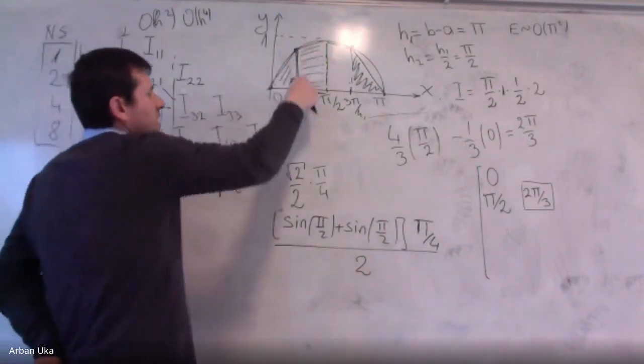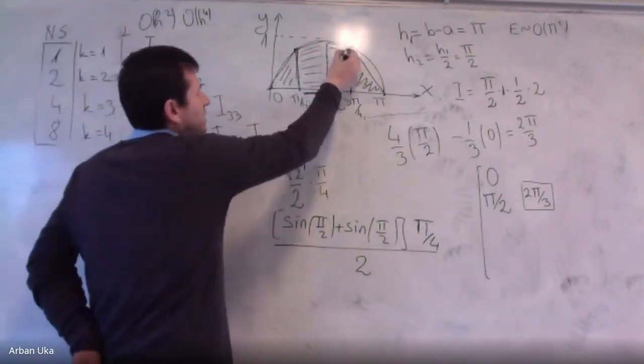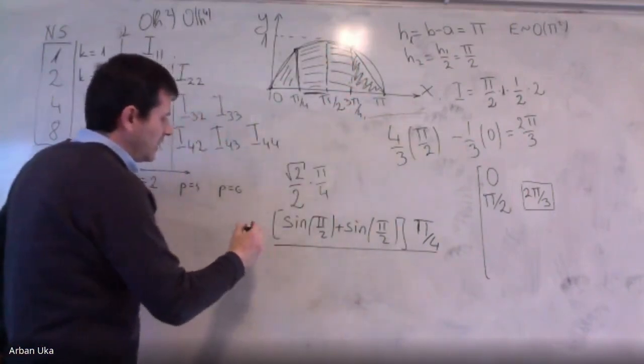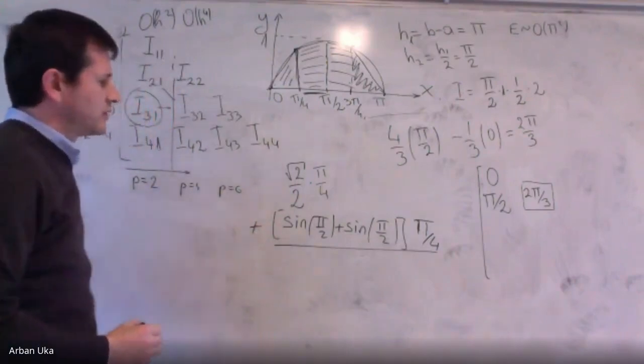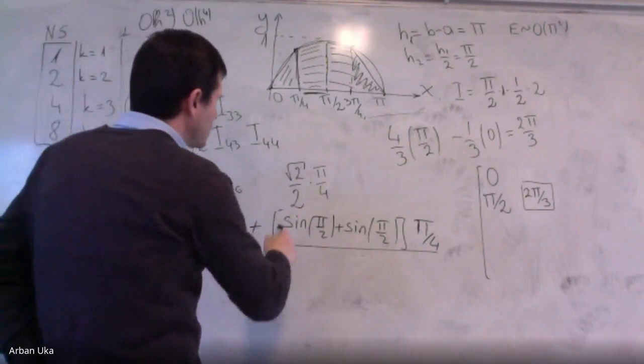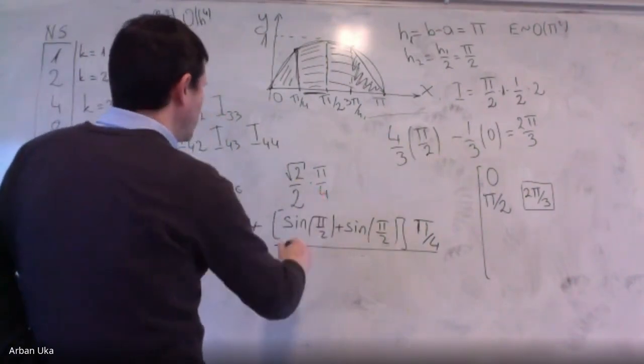So we found this area, but since we have to find also this other area here, I can remove out this pi over 2, and we can sum up these two values together, okay? And what we find is the following: square root of 2 over 2 divided by 4.